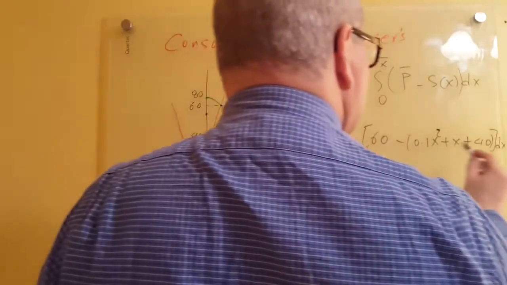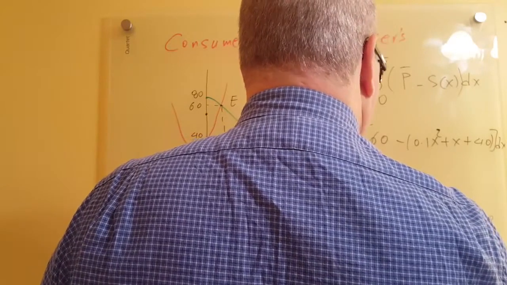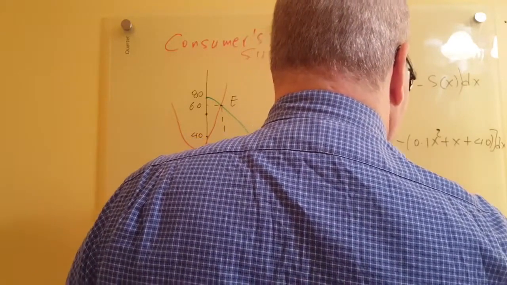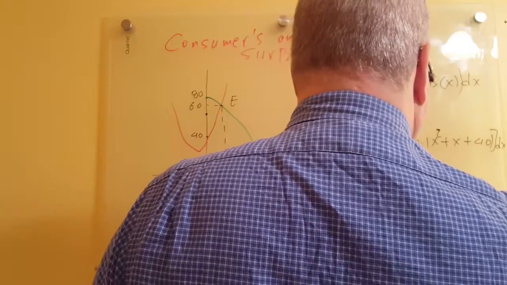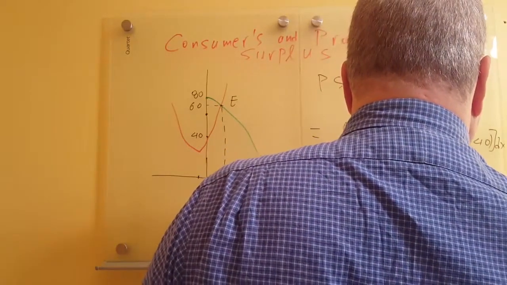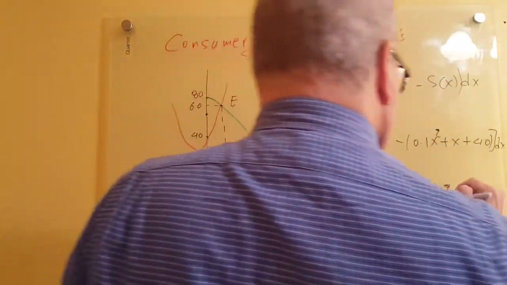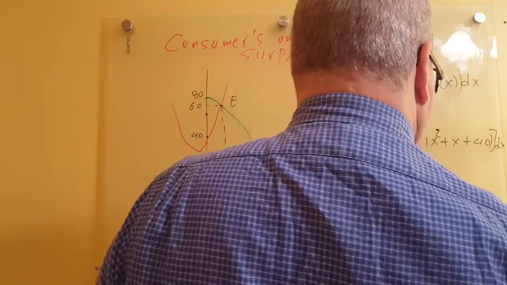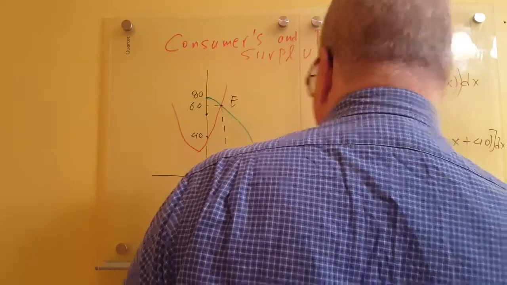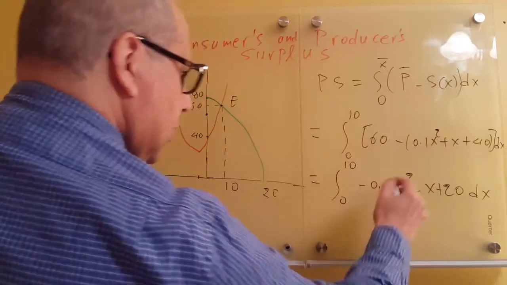Now what we have here is negative 0.1x squared, negative x, and 60 minus 40 is 20, so plus 20, with respect to dx.